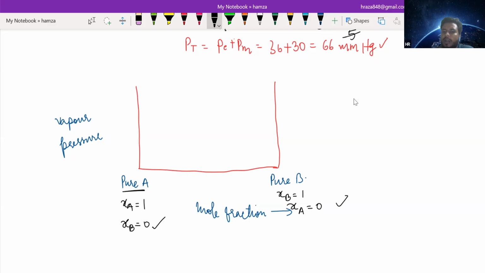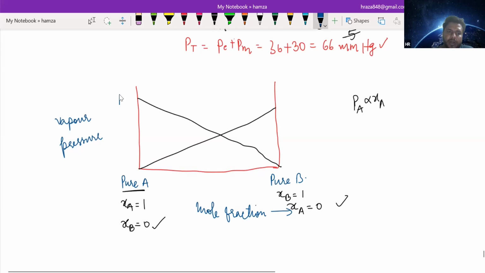Now see, we know that PA is directly proportional to mole fraction of A. So it will be like this and this will be like this. Since pure A, so it will be P naught A. Since pure B, it will be P naught B. And PB is equal to P naught B into zeta B is this graph, and PA is equal to P naught A zeta A this graph.